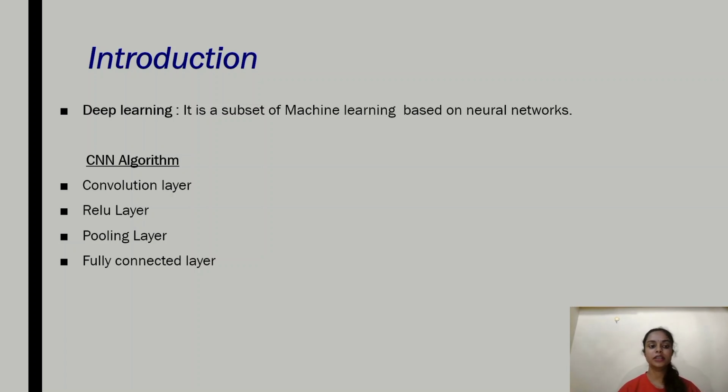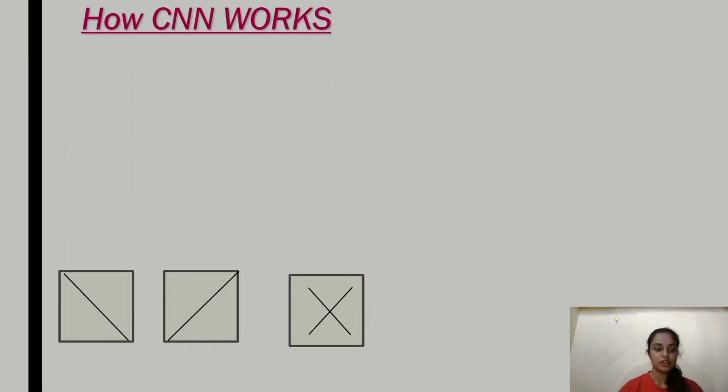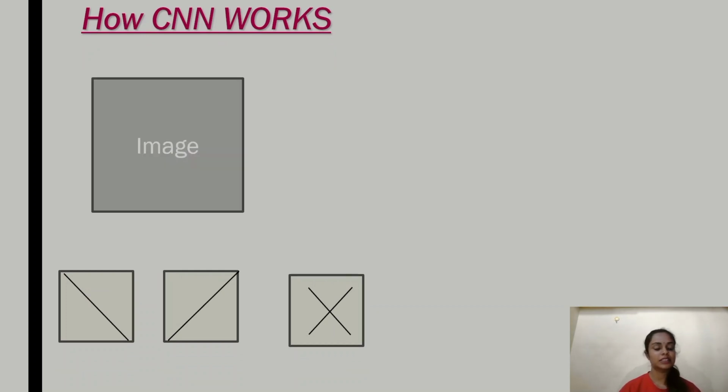Now let's get deeper into how the CNN algorithm works. Let us consider that this is an image and that the image is an X. CNN works by dividing the image into parts. This image has one component, the first component, the second component, and the third component is the intersecting point.